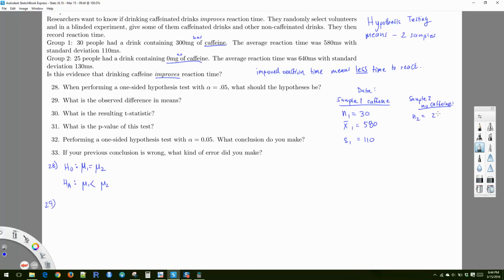N2, we have 25 people. Our reaction time, X bar 2, is 640. And the standard deviation, S2, is 130. So our observed difference in means is X bar 1 minus X bar 2, 580 minus 640, which is negative 60 milliseconds.